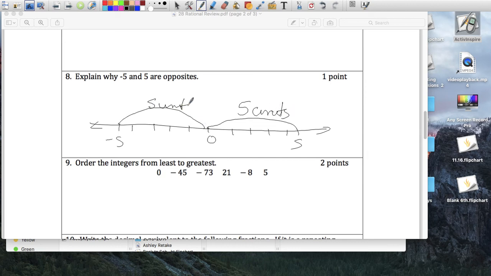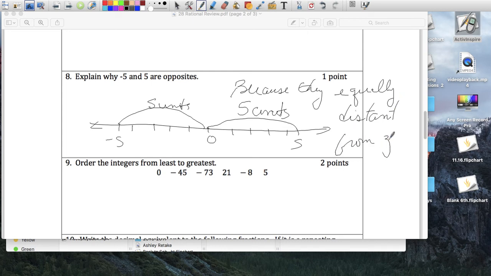So whether you're standing on top of 5 or on top of negative 5 and you decide to go back to 0, you would walk 5 units. So they're opposites because they are both equally distant from 0. The distance from 0 is the same, to 0 or from 0.